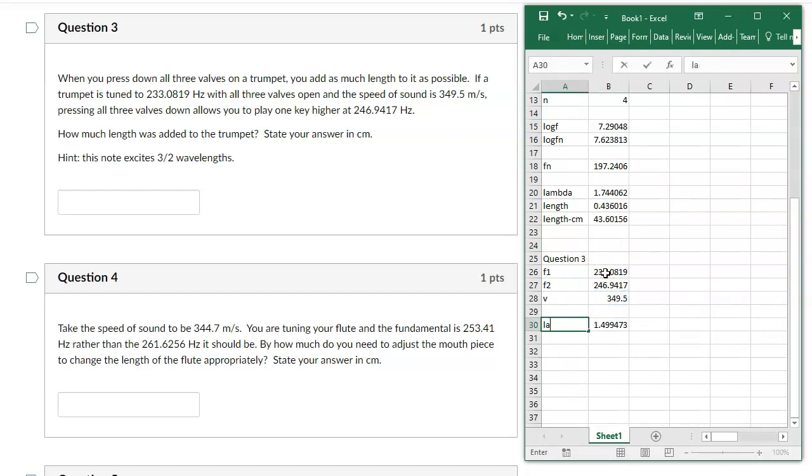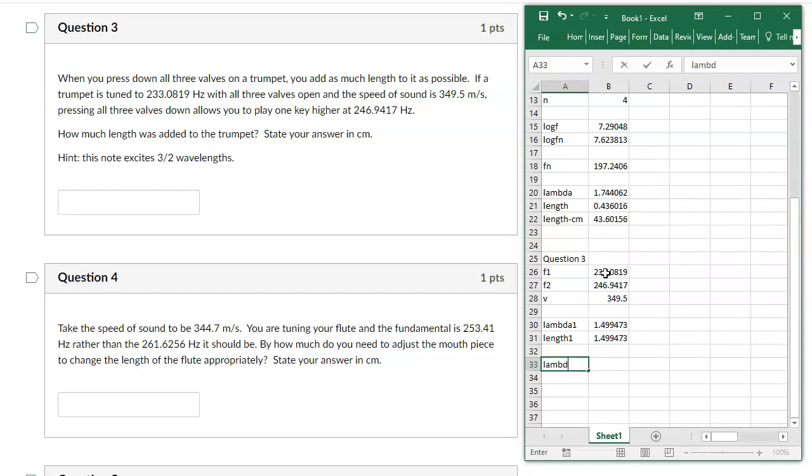I'll just put lambda 1, to make a distinction here. And for this note, that is the length over 2. That's the length, 1.49 meters, 1.50 meters. Now that's the acoustical length.